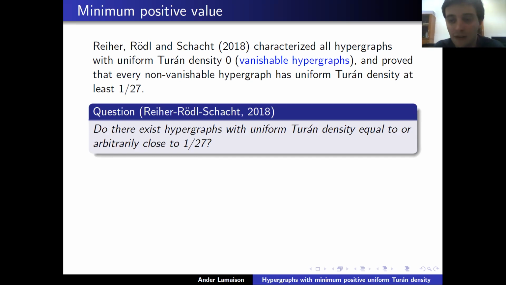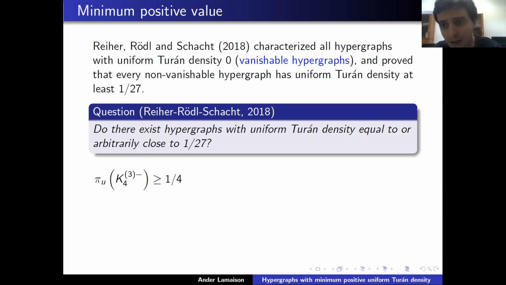Well, let's start looking for those hypergraphs. It makes sense that if a hypergraph exists with density equal to 1/27, there should be some small example. So let's look at 4 vertices. Using this characterization by Reiher, Rödl and Schacht, you can see that there is one minimal non-vanishable hypergraph on 4 vertices, which is K4 minus an edge.